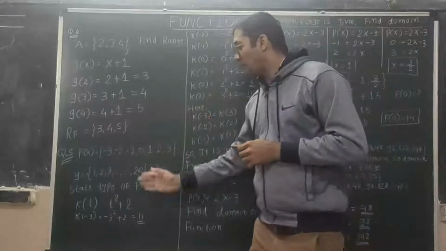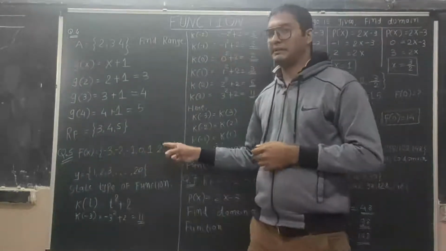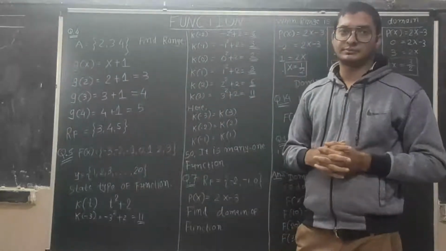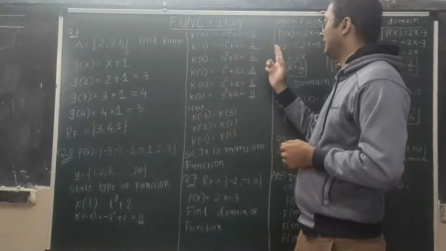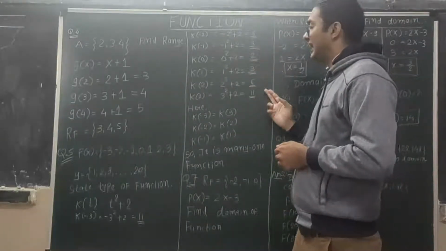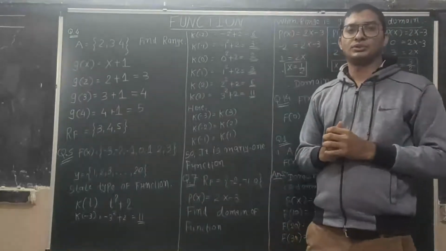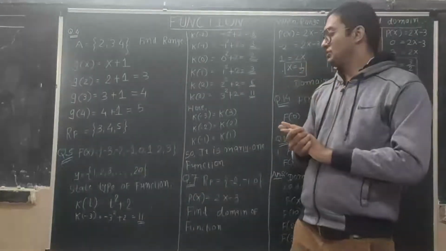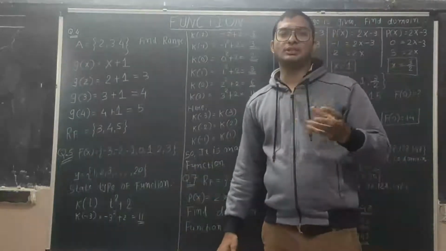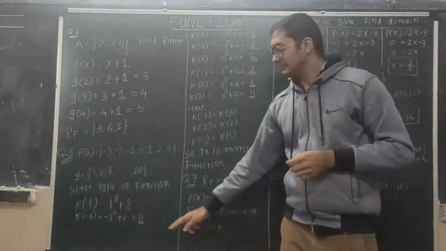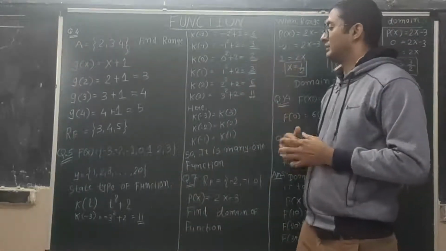So you got all these values according to the different elements of the domain, and our final answers are 11, 6, 3, 2, 3, 6 and 11. If you look at these values carefully, you can see that some of them are repeated: 11, then 6 and then 3.